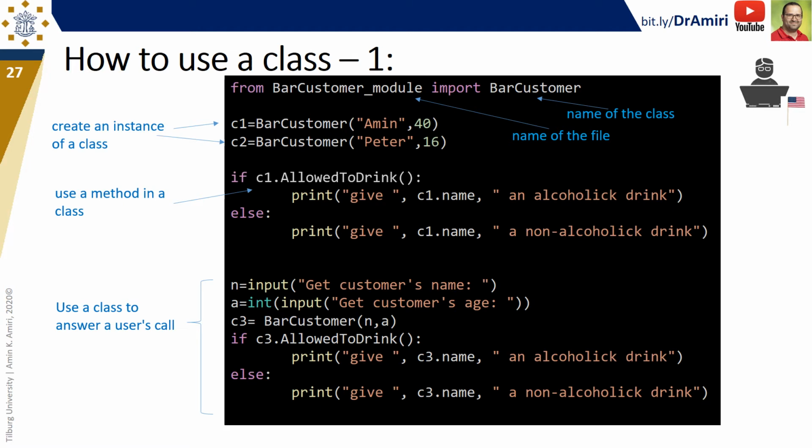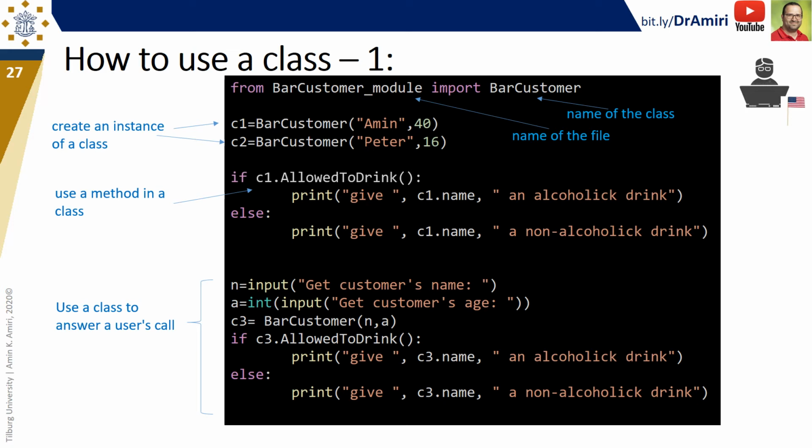It's lower, so the else part should be executed. Print give C2.name, which is Peter, a non-alcoholic drink. So you can see that these instance methods can have no arguments and still use the attributes to calculate and do what the front-end programmer wants.